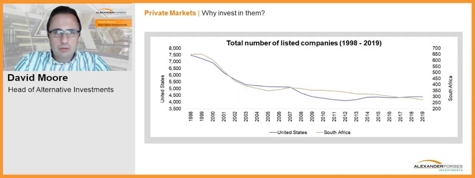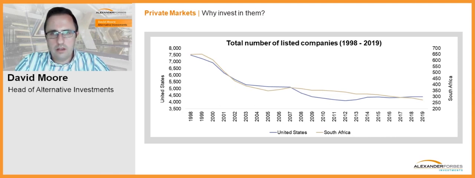To expand on that in a little more detail, let's think about the depth and breadth of the opportunity set within the asset category. This chart depicts the number of listed companies available over time since the late 90s in both the US and South Africa, and speaks to the fact that the number is shrinking. There are a whole lot fewer companies listed, for various reasons. Nevertheless, the end result of this graph is between 250 and 300 listed counterparties across the US and SA specifically, which means not a whole lot of investable companies that are traded, not a whole lot to choose from.